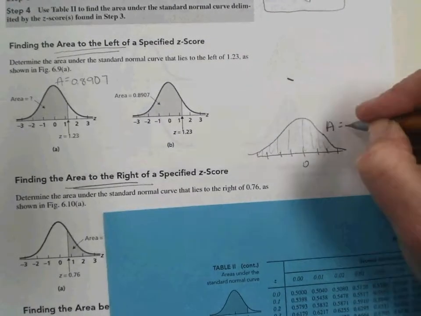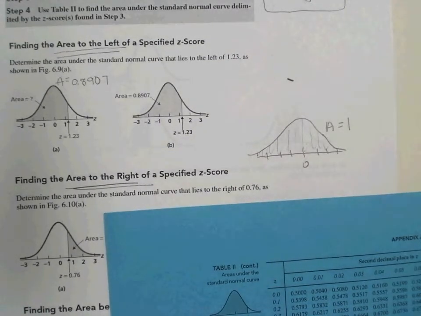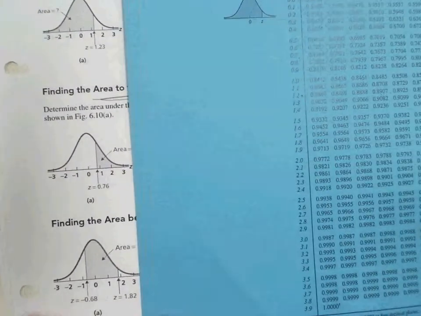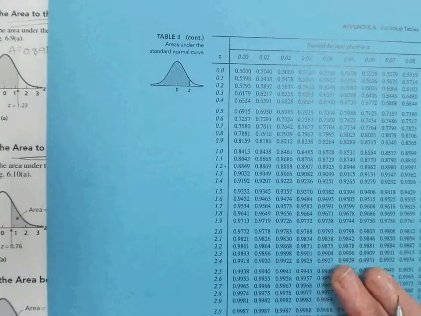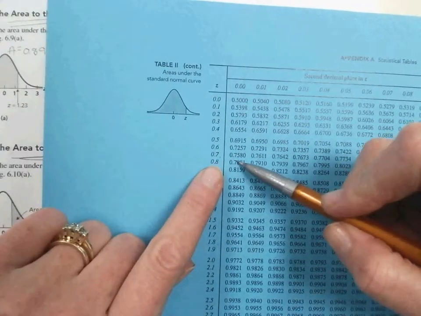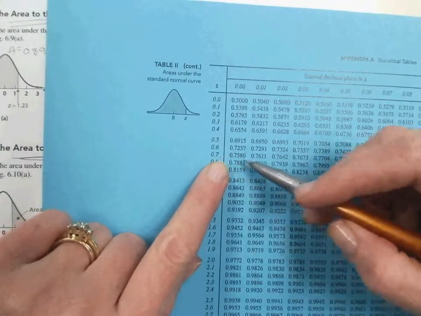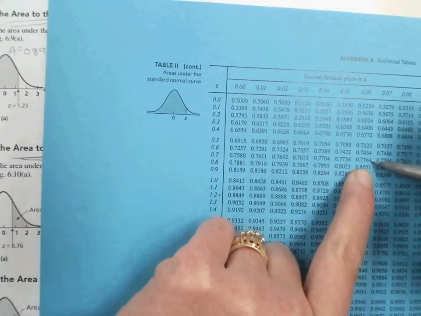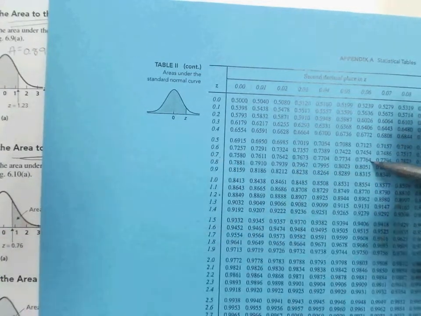Do you remember? 1. So if we go to 0.76 on our table 2, 0.76, 0.7764.